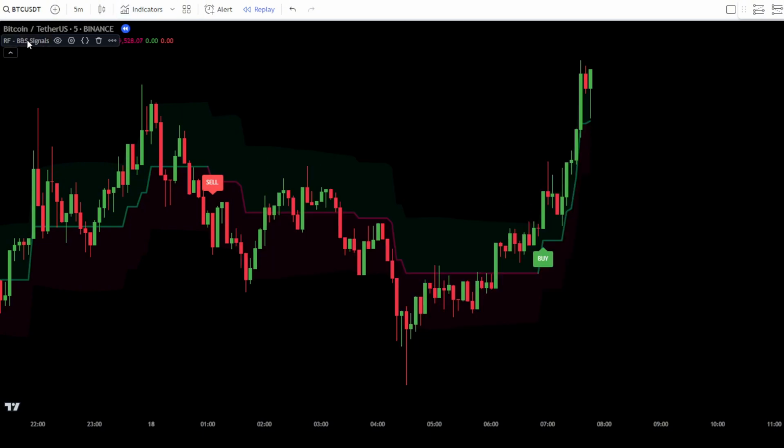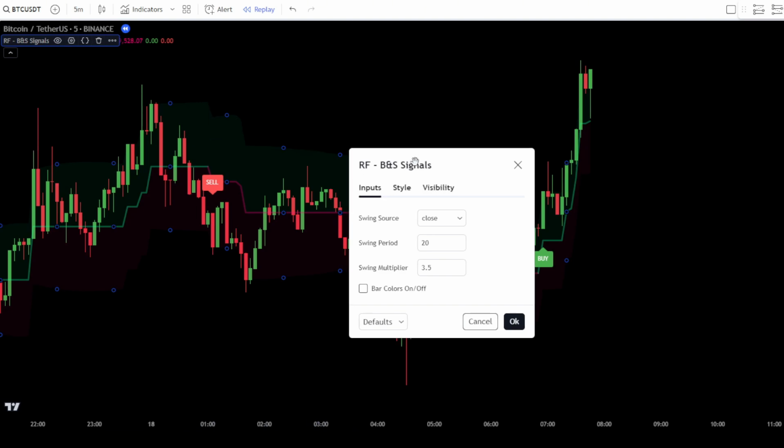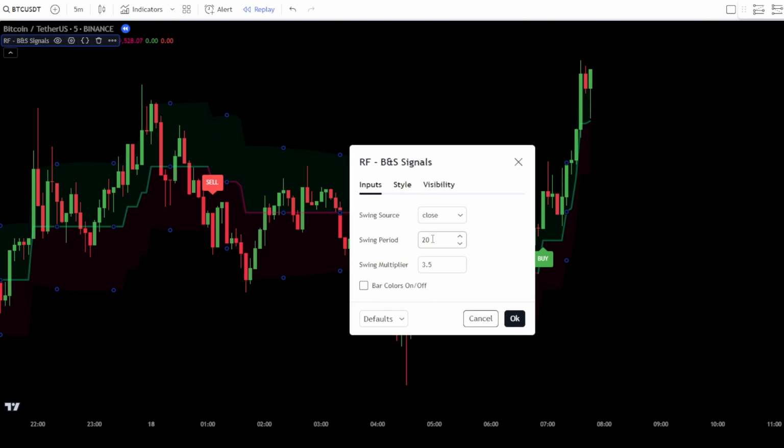After that, make a few adjustments to this indicator. Go to the indicator settings. In the Input tab, change the swing period to 18. Then, for the swing multiplier, change the value to 2.5.